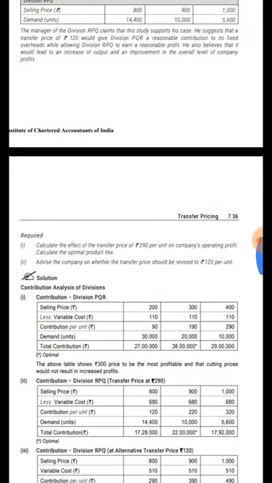Required: calculate the effect of the transfer price of rupees 290 per unit on the company's operating profit. Calculate the optimal product mix. Then advise the company on whether the transfer price should be revised to rupees 120 per unit.